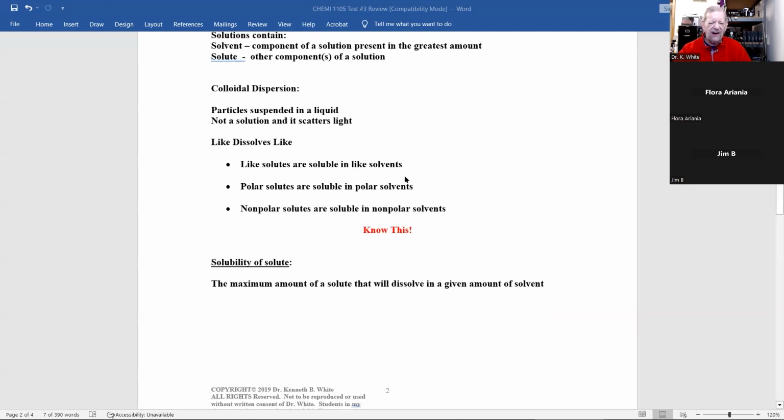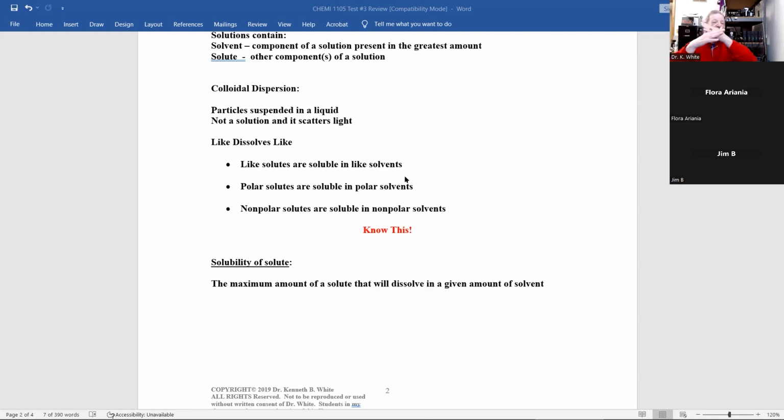Now, next I talked about an important concept called like dissolves like. And that means things that are polar or like solutes are soluble in like solvents, which we break down. Polar solutes are soluble in polar solvents. Non-polar solutes are soluble in non-polar solvents.